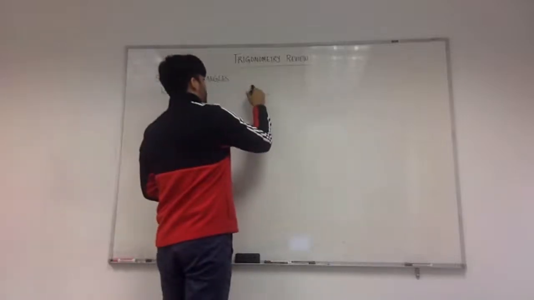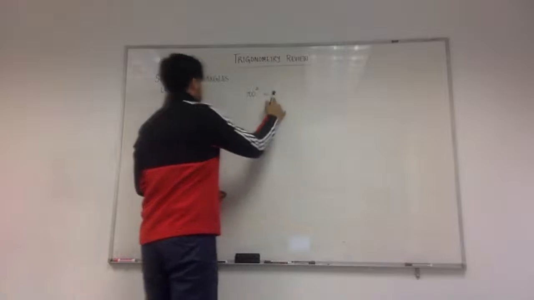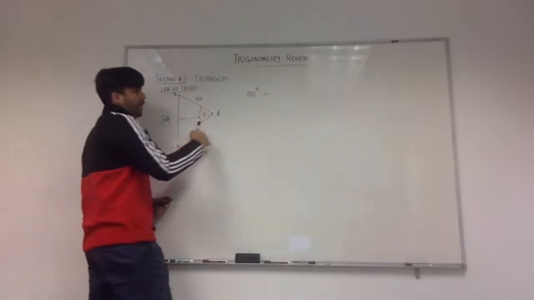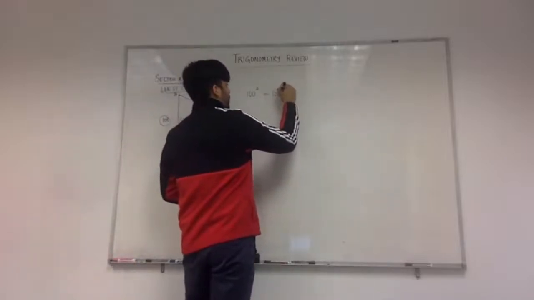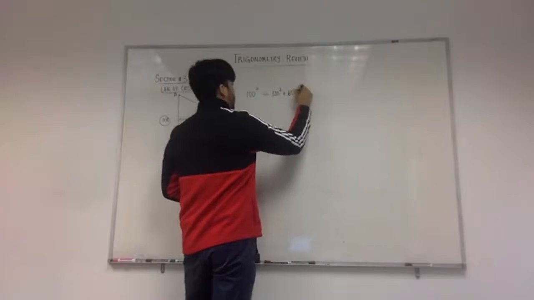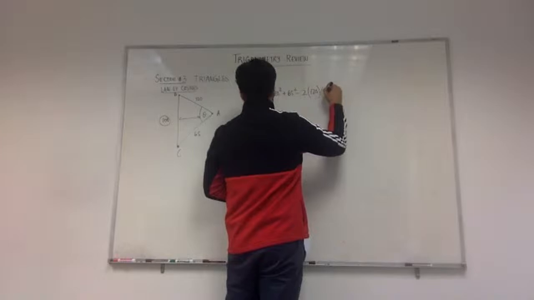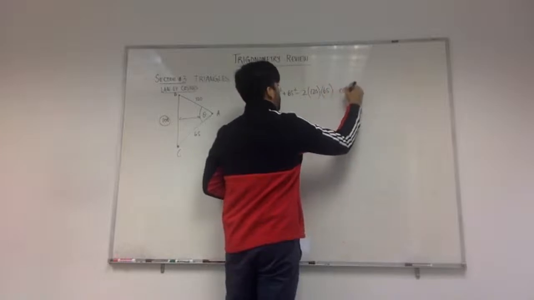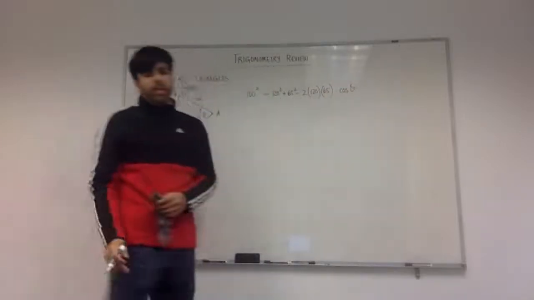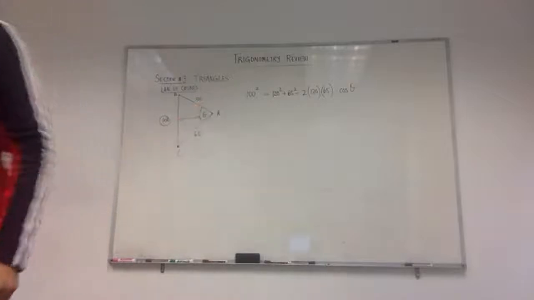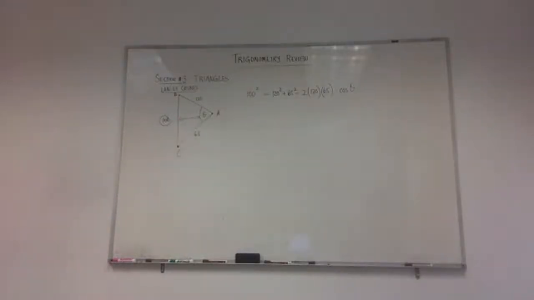So this will be 100 squared plus the other 2 sides squared, minus 2 times the other sides times cosine of the angle that I want. This is the hardest part of this problem. After this, it's algebra and using the calculator.